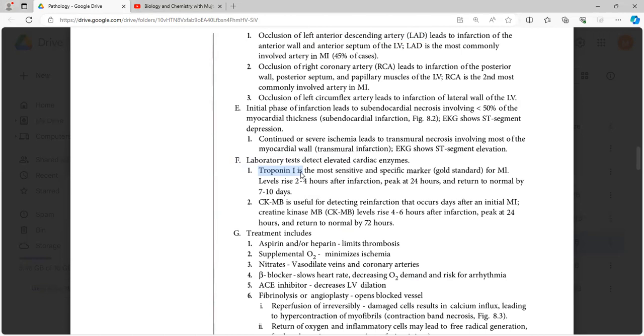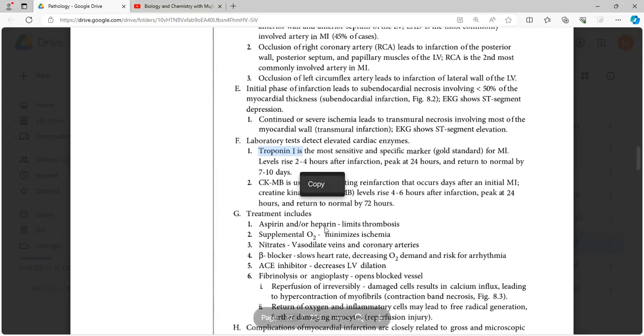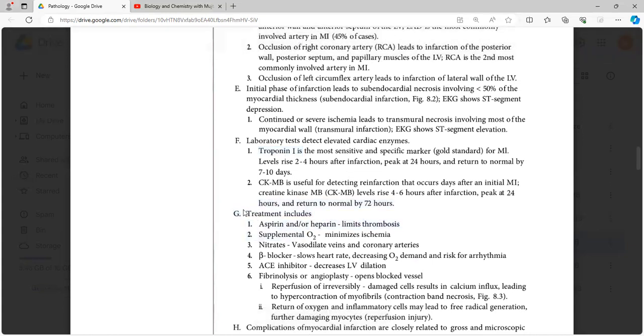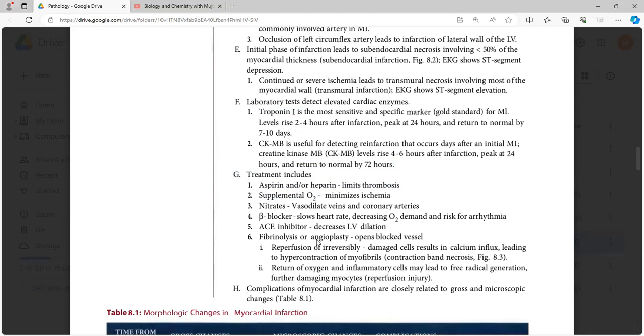Now, the second marker is creatine kinase MB. The MB reaches peak level at 24 hours and returns to normal by the end of 3 days, which is about 72 hours. Now, the treatment for all three cases, whether it's angina or MI, is about the same. Aspirin. Aspirin is an antiplatelet agent and thus limits thrombosis, which is supplemented with oxygen and nitrates.